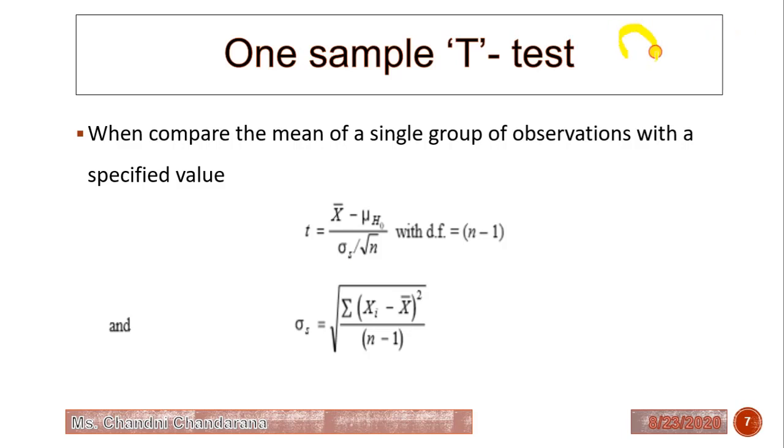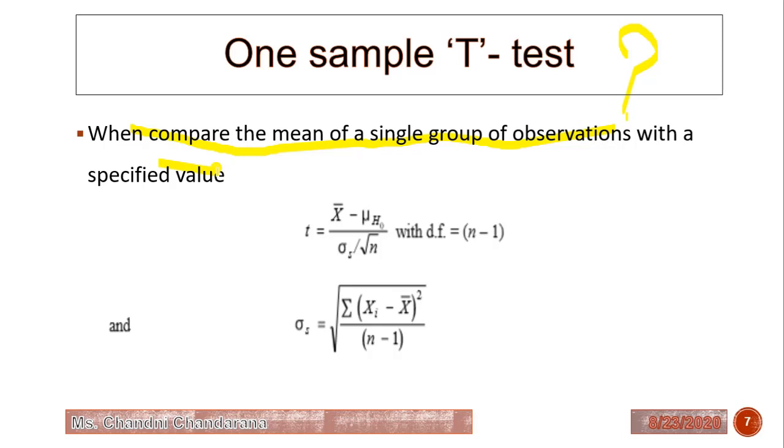When we are applying this test, we compare the mean of a single group of observations with a specified value. In this kind of test, we know the population mean. We have to draw a random sample from the population and then compare the sample mean with the population mean.